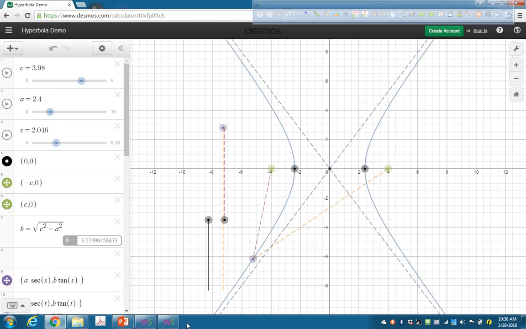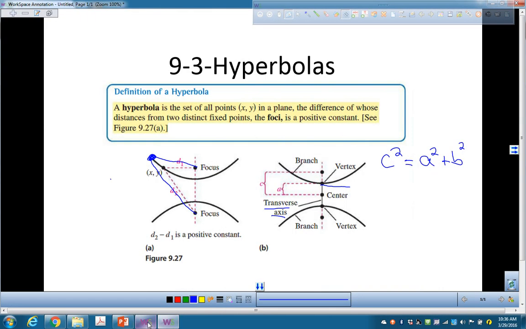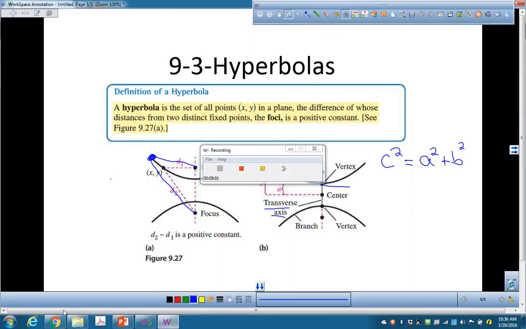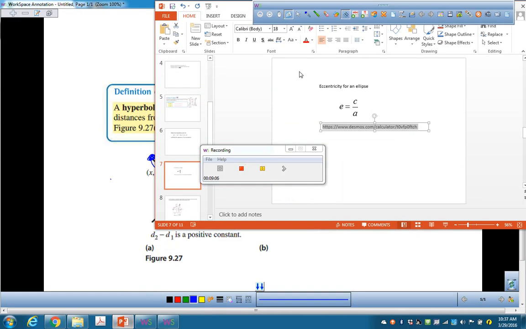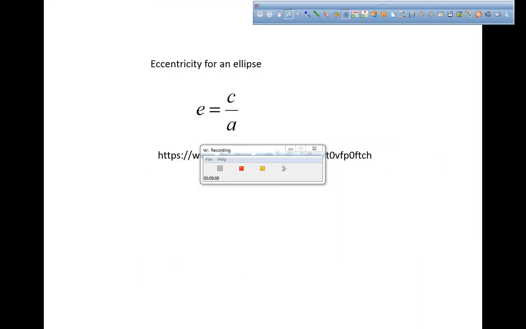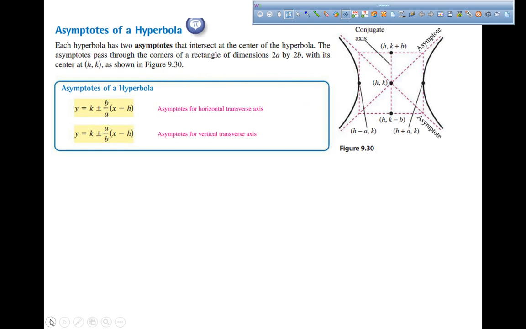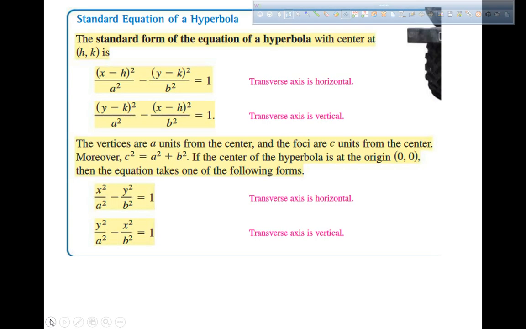All right, so let's, whoops, where'd we go? Back, anyway, let's go back to my PowerPoint, wherever. We'll come back to this slide anyway. All right, so general form.